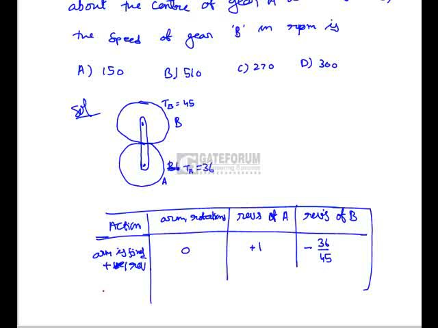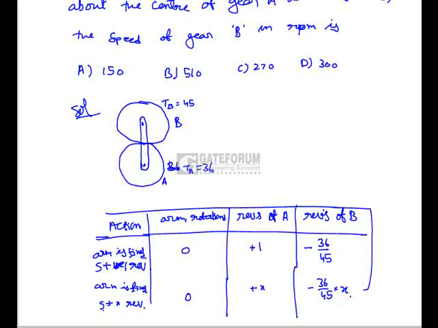Now consider again arm is fixed and A rotates at plus x revolutions. So this is plus x and this is plus 1. Here again arm is fixed so that it is 0, it is plus x, and it is minus 36 by 45 into x.